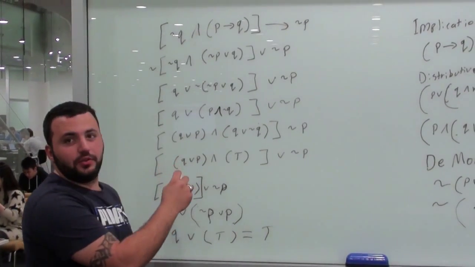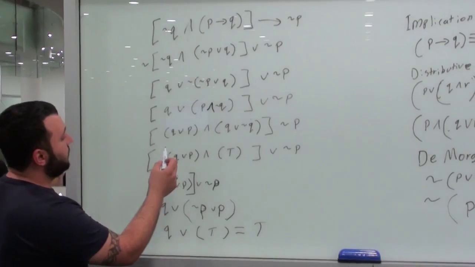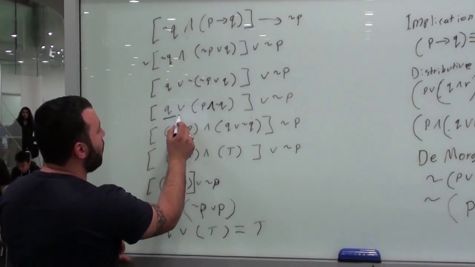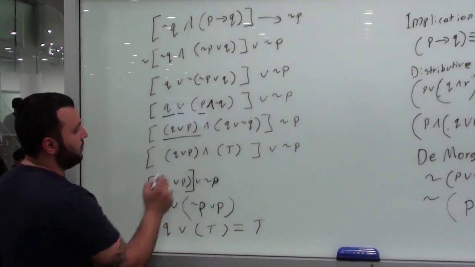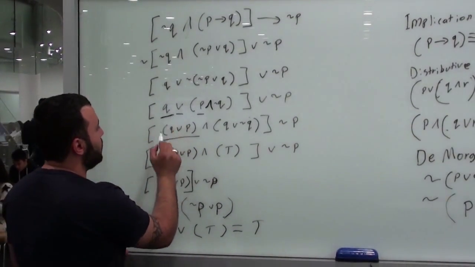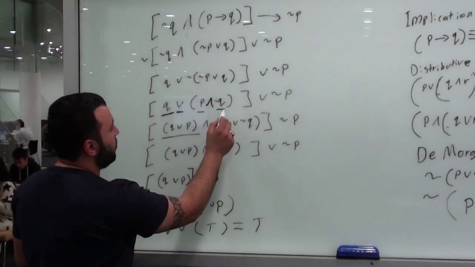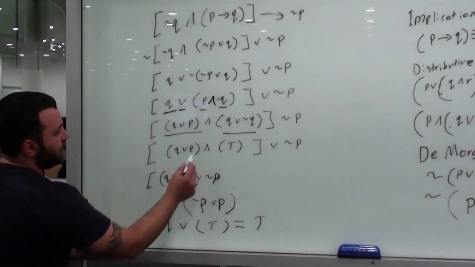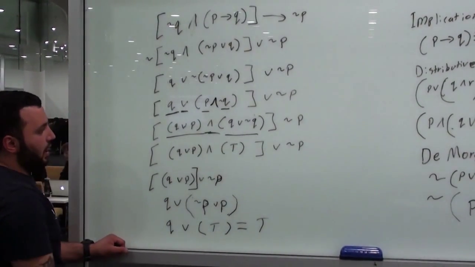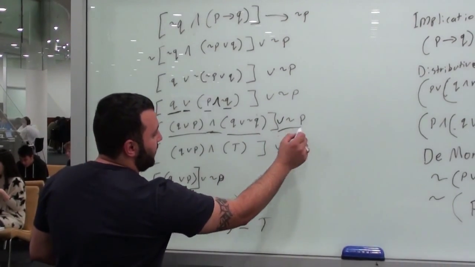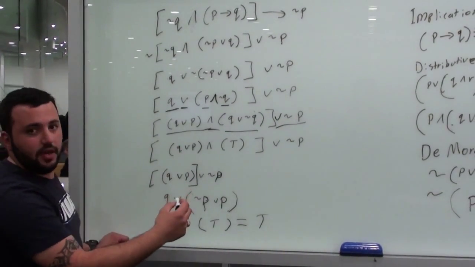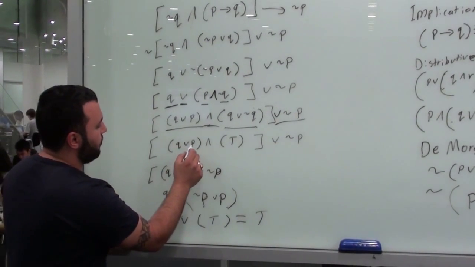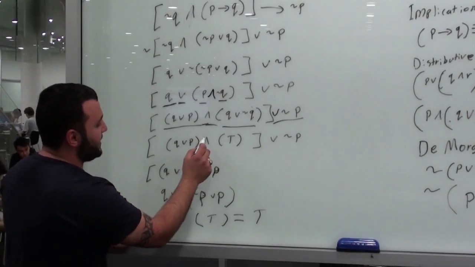Go to the next one, we will use the distributive law, and we say here not Q or P, we put them in a bracket, and then we say not Q or not Q, which is down here, and we use the symbol and, and then we just bring that down exactly the same, and then we simplify it more and more, where we say not Q or P, and then put the brackets and.